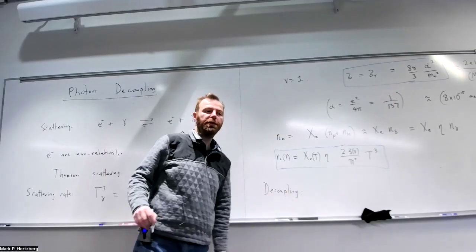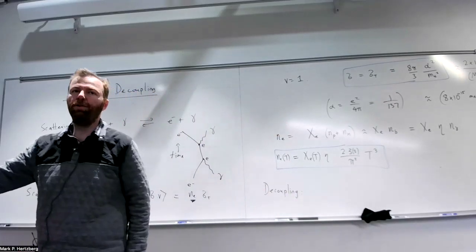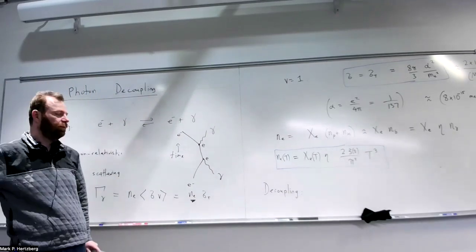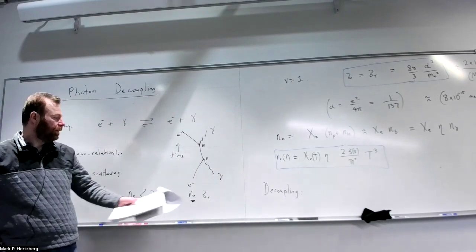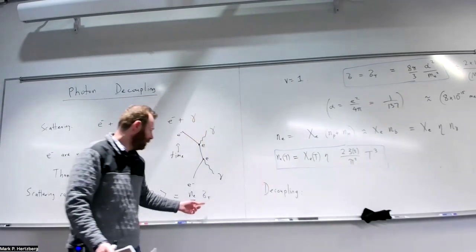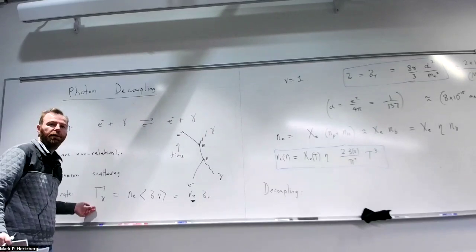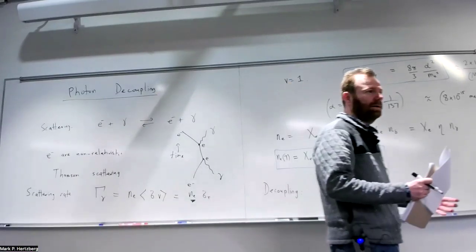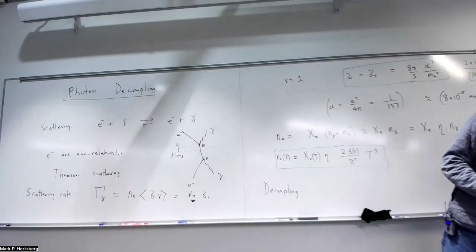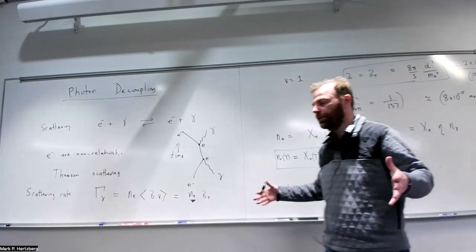What's our typical criteria for decoupling we've discussed? What should the rate be? What should we compare this scattering rate to? Right? It's always going to be something. You just multiply that by the Thomson scattering cross-section, you get the rate. What do I compare this rate to? It should be big or small compared to something or other. Now you want to think, you have this expanding universe.